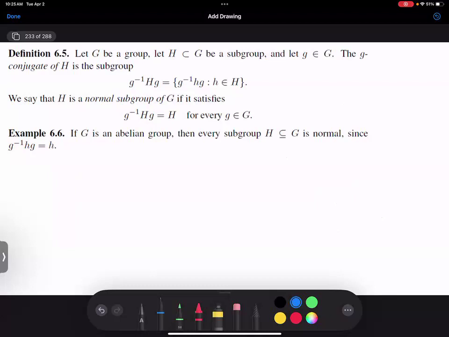And so another way of saying that this is a normal subgroup is if it has the property that g inverse H g equals H, we call it a normal subgroup. When you see g inverse H g equals H, how might you rewrite this? What's another way of looking at g inverse H g equals H? How could you rewrite this?